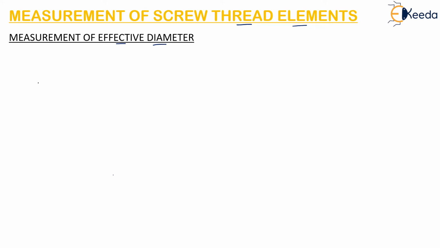The procedure of measuring the effective diameter is the same as that of the minor diameter, but here, instead of using V prisms, we are using two small cylinders or wires, and these wires are inserted in the grooves of the thread.